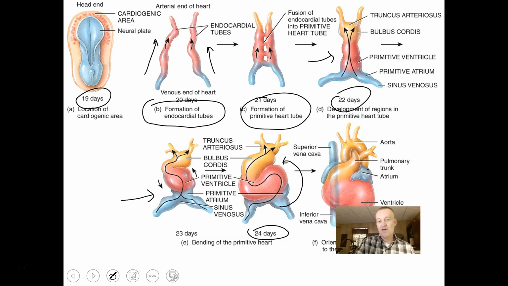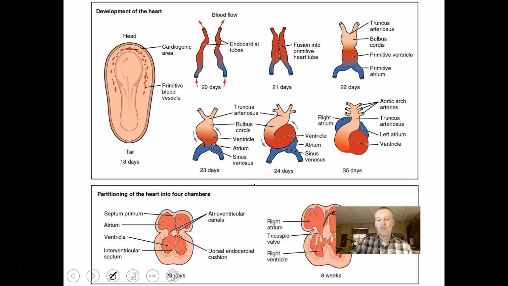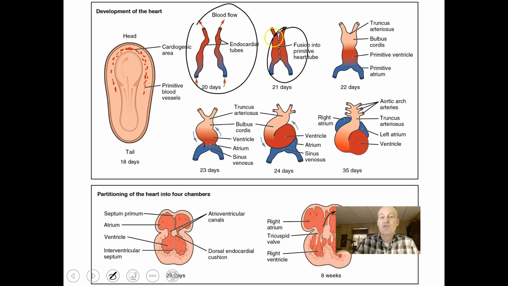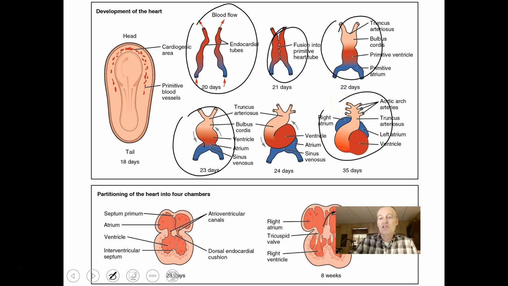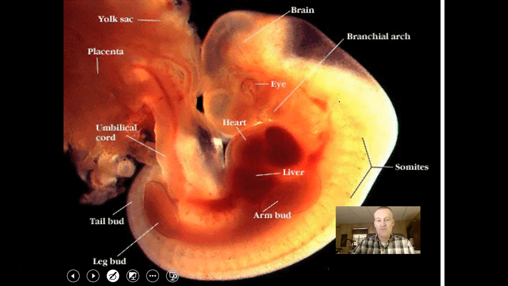And of course this portion here forms the ventricles. So basically it folds and folds. This is showing you the same thing. The tubes fuse together to form one tube. They then begin to rotate and fold, thus leading to the formation of the final heart, which is right here in this beautiful picture of an embryo.